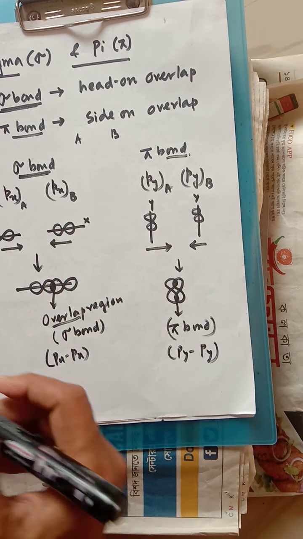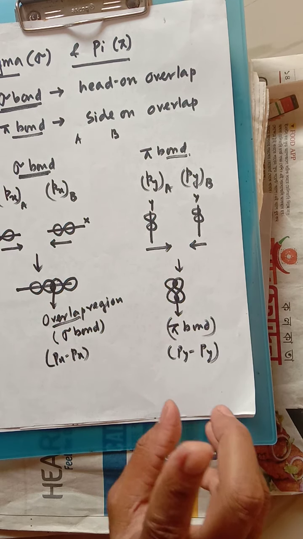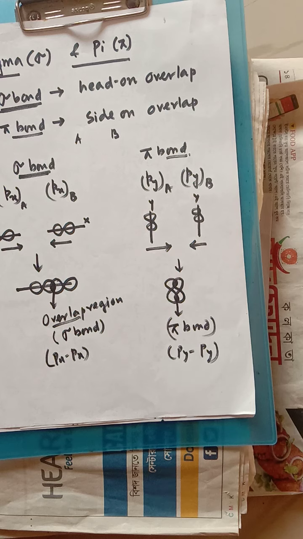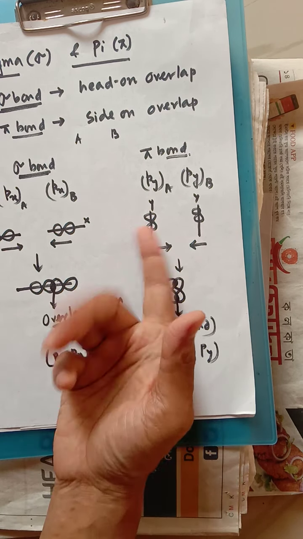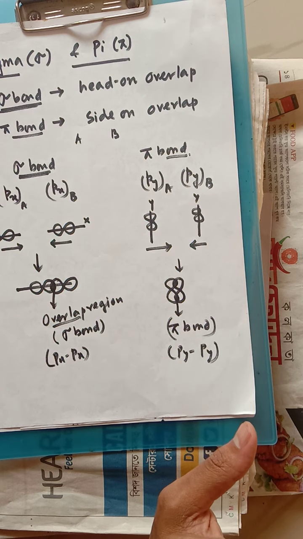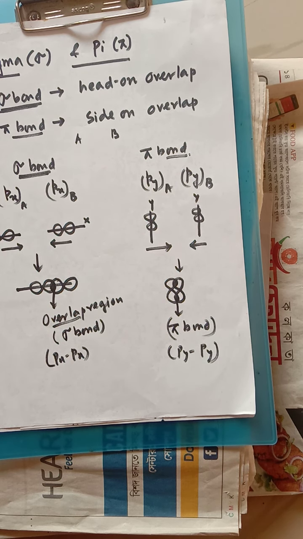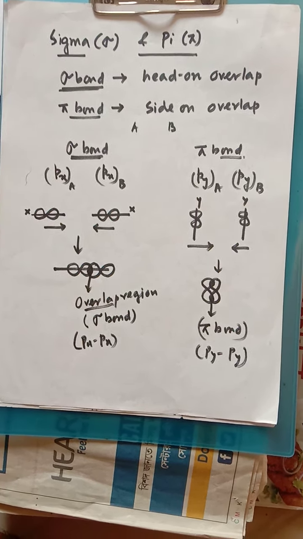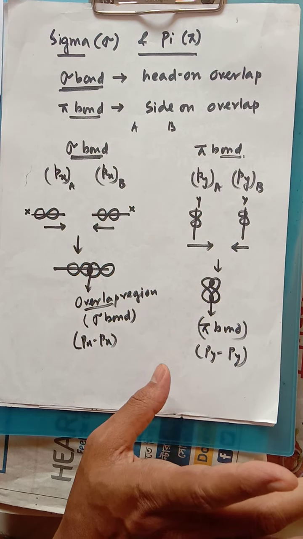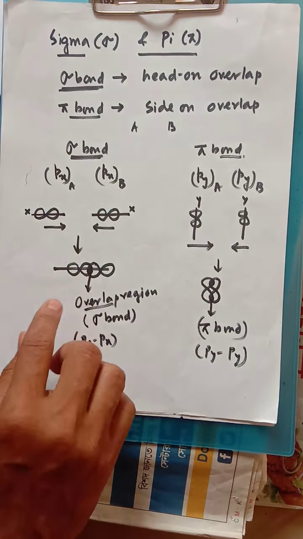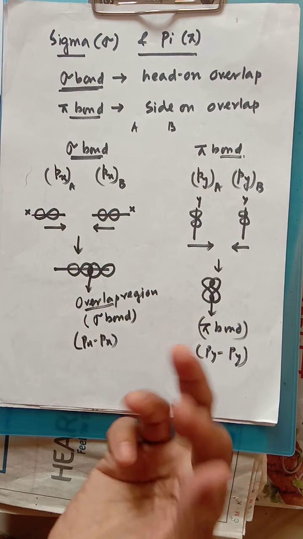shows a pi bond. But another thing I have to discuss over here: it does not mean that X always shows the sigma bond and Y always shows the pi bond. I cannot say it like this, it is not true. The X axis can show the sigma bond as well as the pi bond.